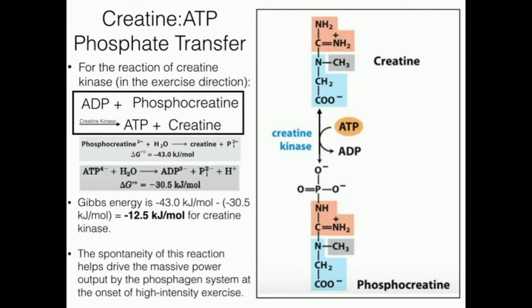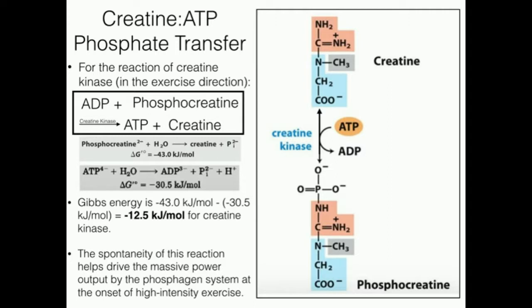You can see that ATP can transfer its phosphate to creatine, and notably right here to make creatine phosphate or phosphocreatine. Notice that the phosphate is now attached to a nitrogen in phosphocreatine. This is a reversible reaction. So first of all, the reaction of creatine kinase is an equilibrium reaction that's based on the concentrations of the individual species, particularly in this reaction right here.